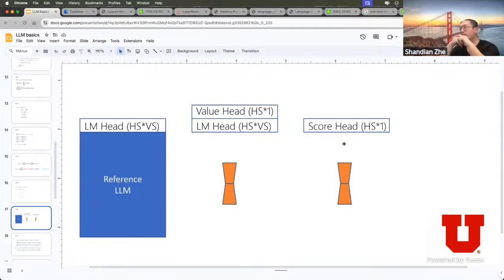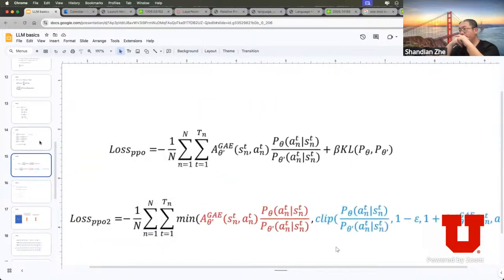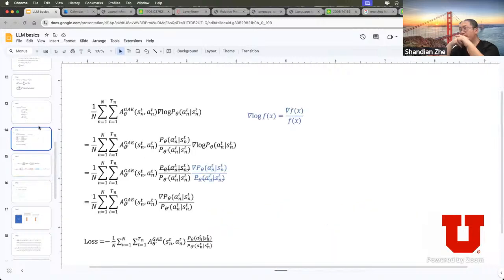But how do you get the R_t if you go back to the objective? You need to know the immediate reward after each step.